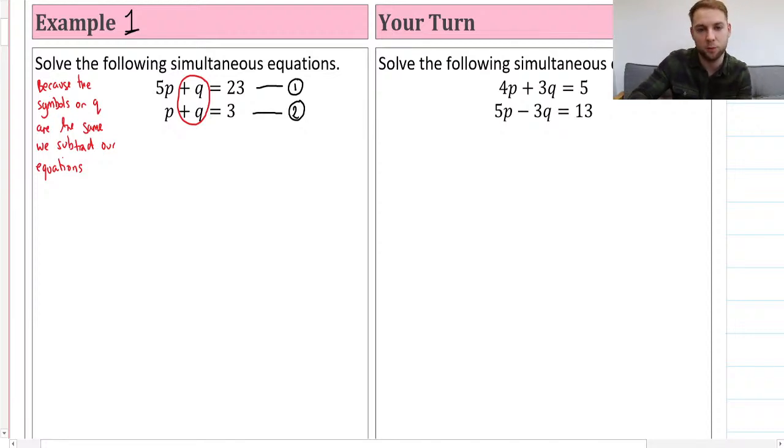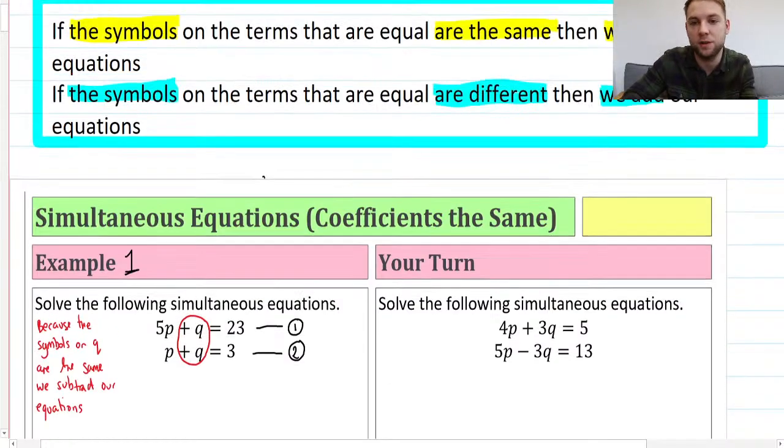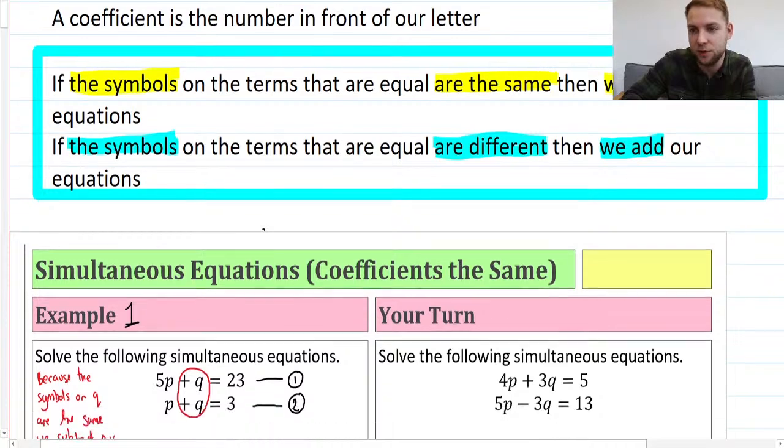So because the symbols are the same, we subtract, which is what it says up here. If the symbols are the same, we subtract.